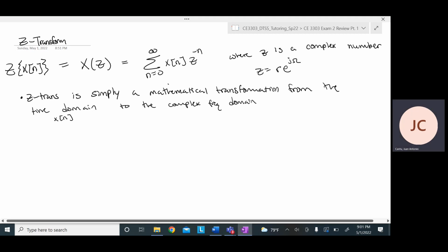And there's actually two domains we'll be talking about when it comes to frequency, especially when we get to DTFT. For now, this is denoted by x of z.